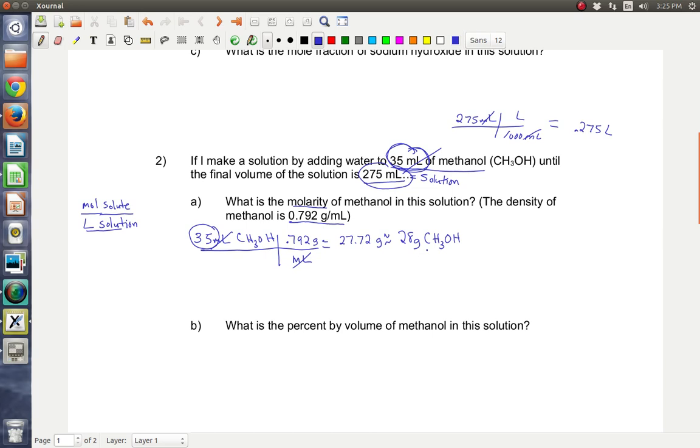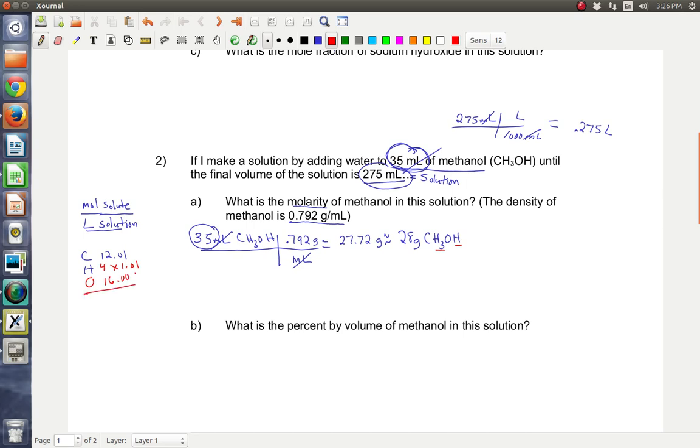So what do I need to know? Again, I need to know the molar mass of methanol. So let's calculate the molar mass of methanol. There's one carbon atom. There are 4 hydrogens. See, hold on. There's 3 right here and 1 more. So 4 hydrogens, so 4 times 1.01. And then there's oxygen, 1 oxygen, 16.